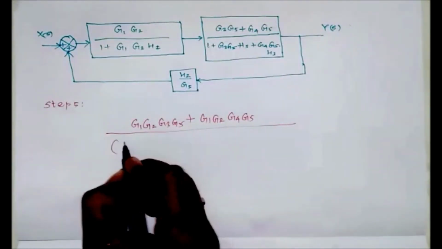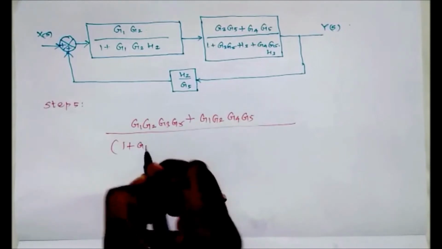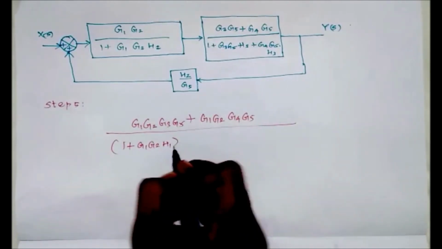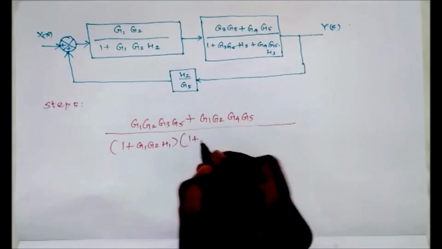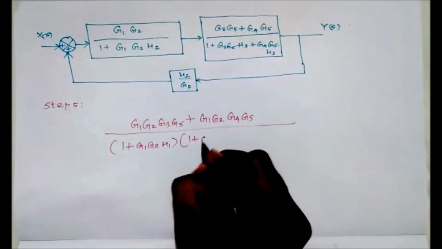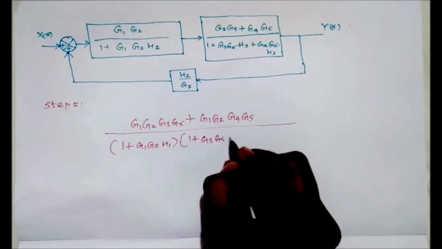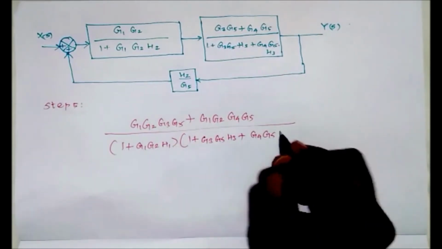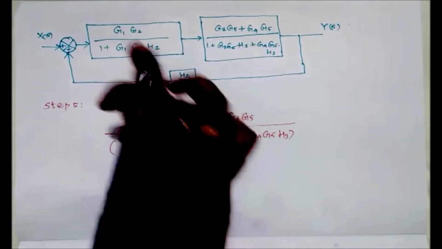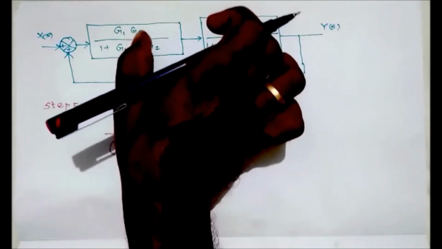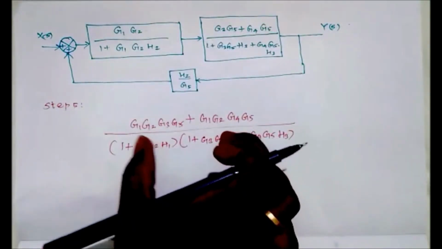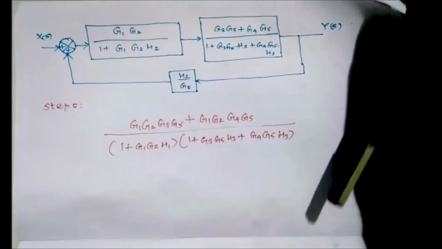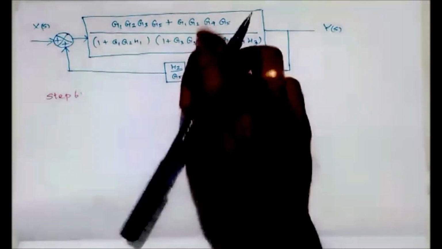Therefore, within brackets 1 plus G1, G2, H1 into 1 plus G3, G5, H3 plus G4, G5, H3. So now instead of these two blocks, we can convert into one block by mentioning this gain. After this, we will get this block.